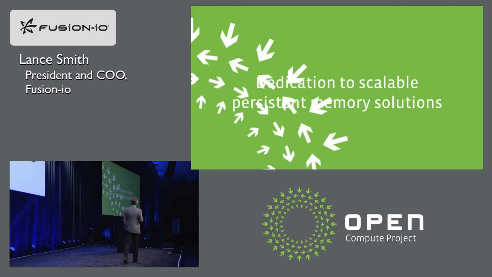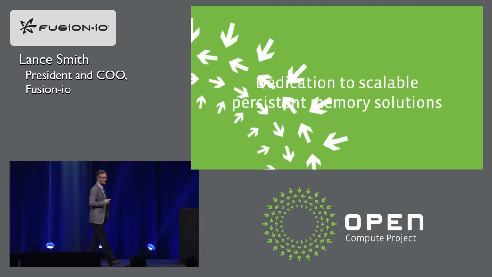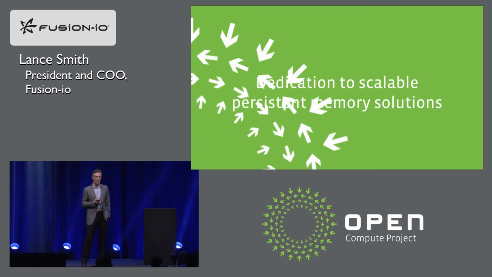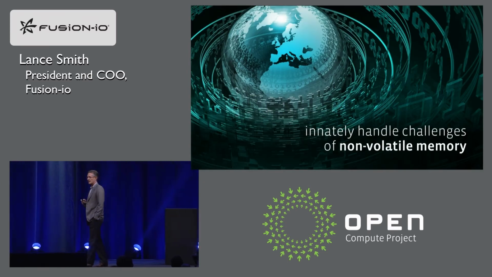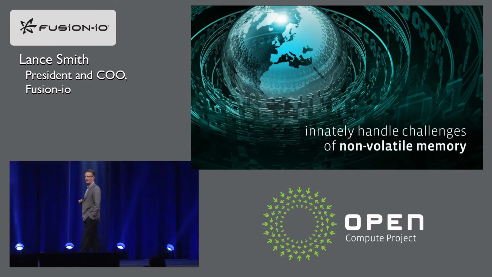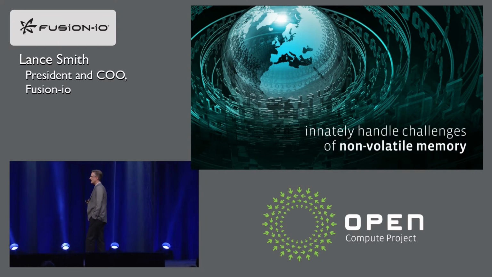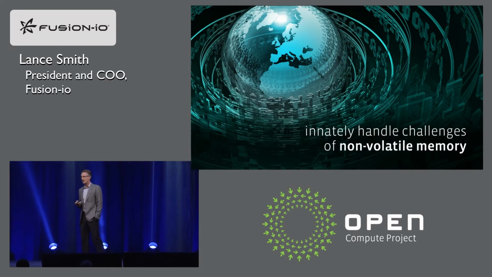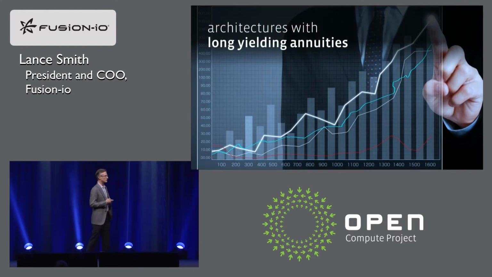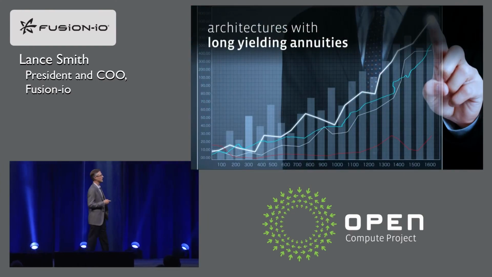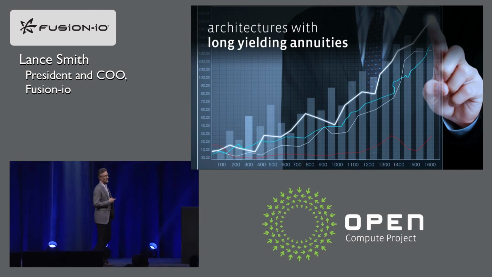Fusion IO is dedicated to scalable persistent memory solutions. We have always looked at NAND flash as not being the perfect media, and that's where we started out. We innately handle the challenges that non-volatile memory presents to our architecture. Our approach is creating products that have long yielding annuities, meaning long ROIs for the customer.